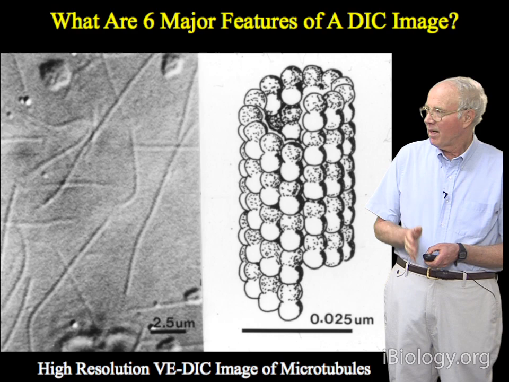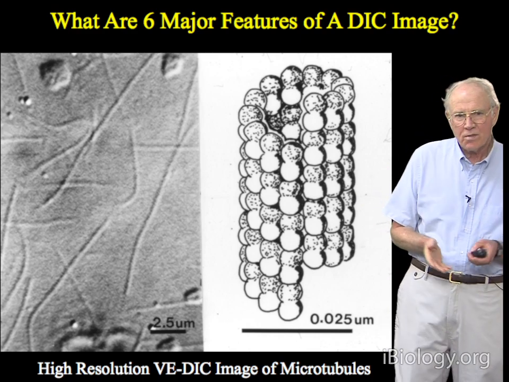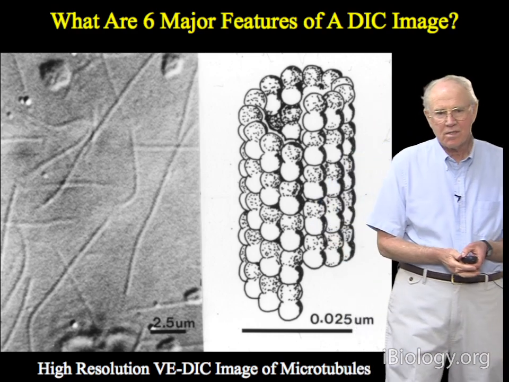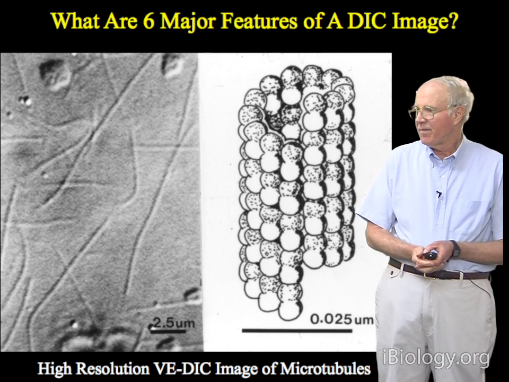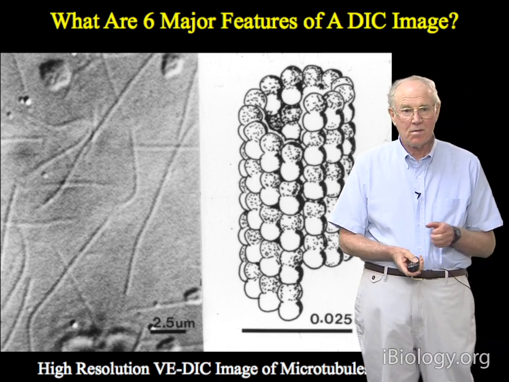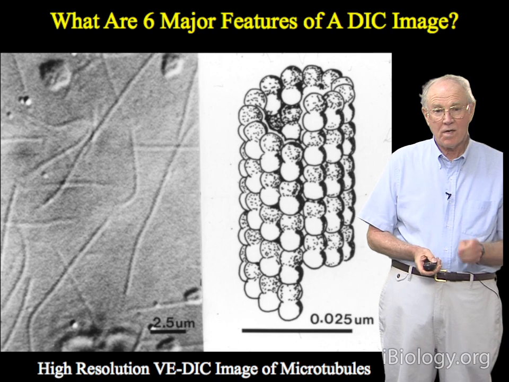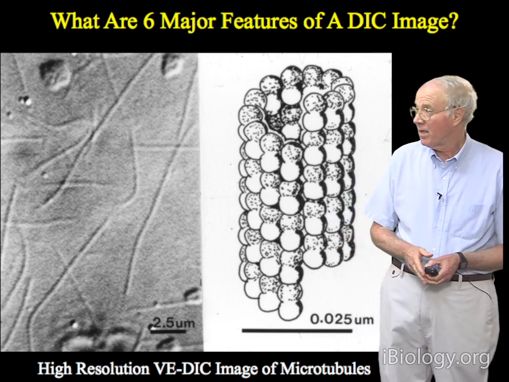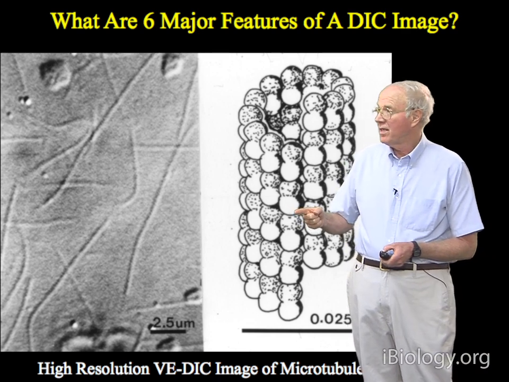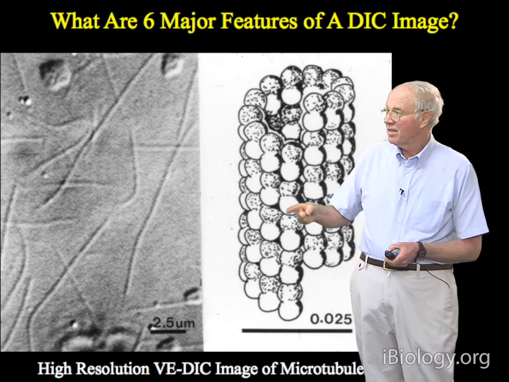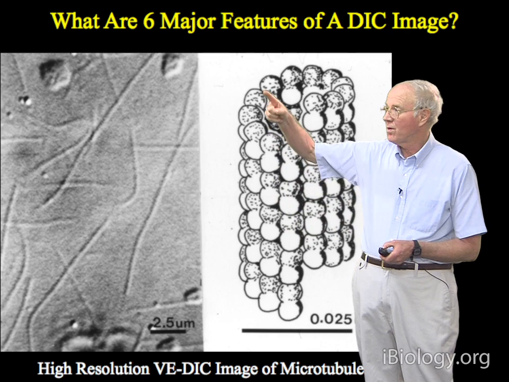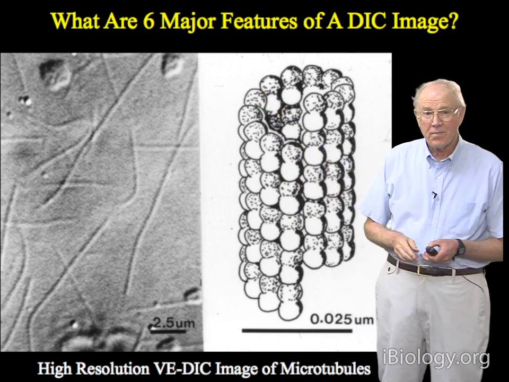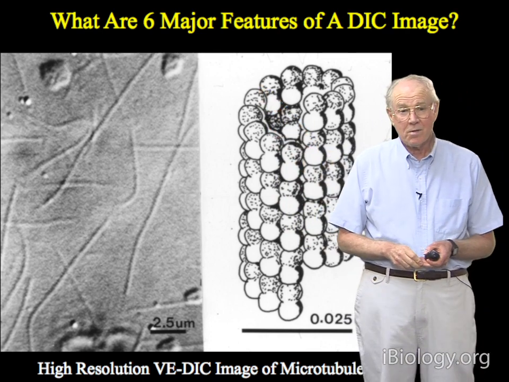So I would like to ask you to look at this image, which is a video-enhanced DIC image of individual microtubules that are only 25 nanometers in diameter. They're made out of tubulin dimers that are stacked head to tail into protofilaments, and there are 13 of these protofilaments that make a cylindrical wall of a microtubule.